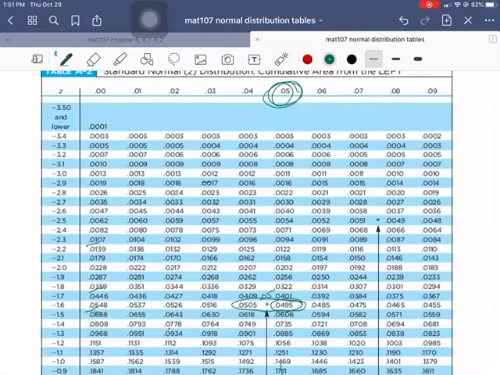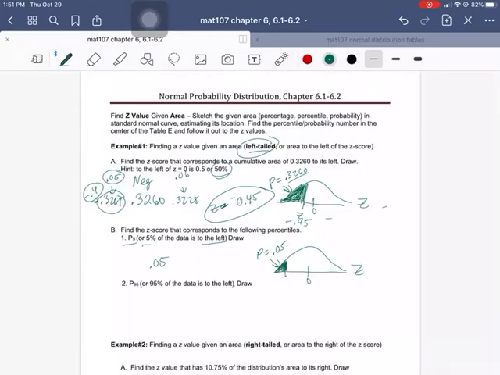When it's exactly in the middle, you want to go up. So this one's going to be negative 1.65. So you can write this as P of Z less than negative 1.65 equals 0.05.